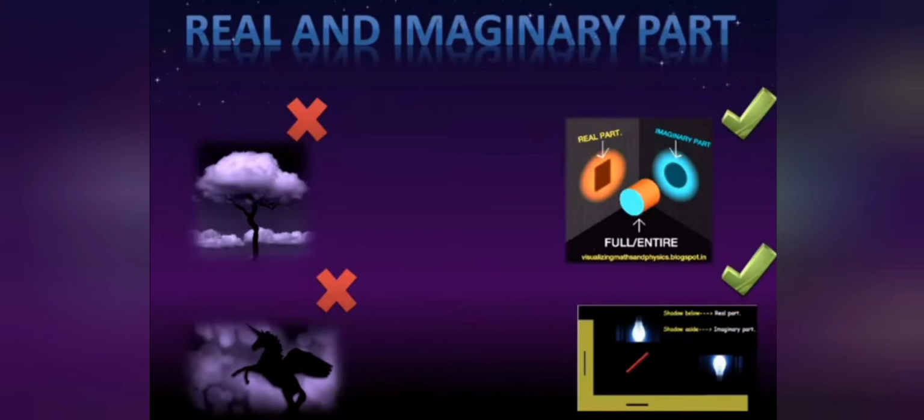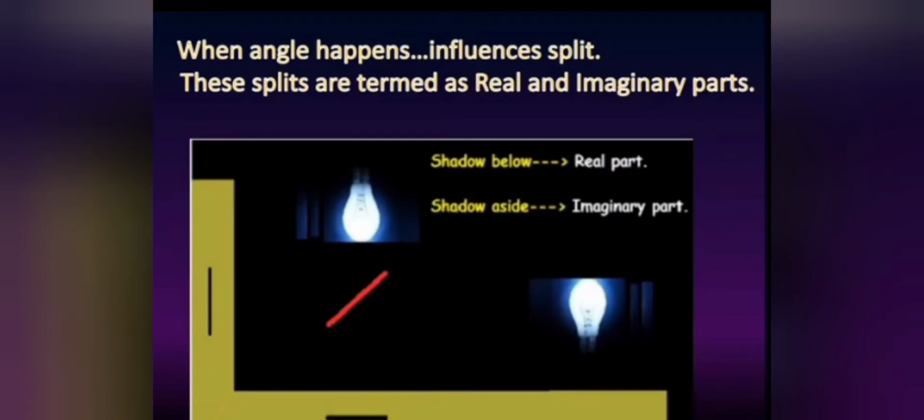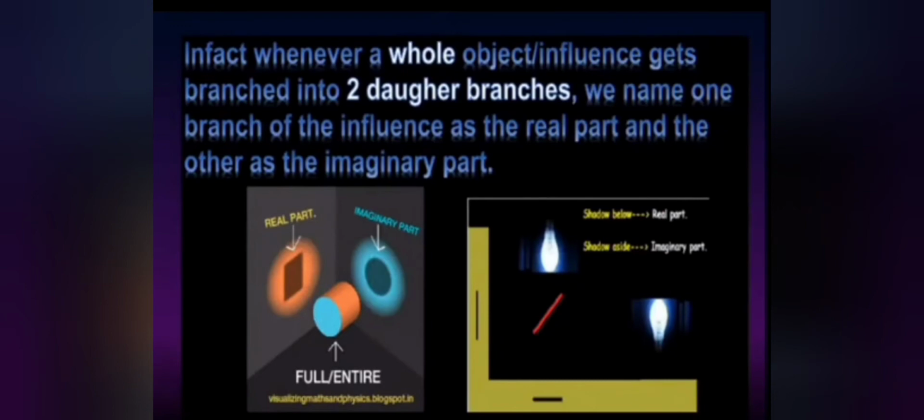So imaginary numbers are not a product of your imagination, they are actually just as real. Whenever a force or an influence splits into two, these two components are called real and imaginary parts.